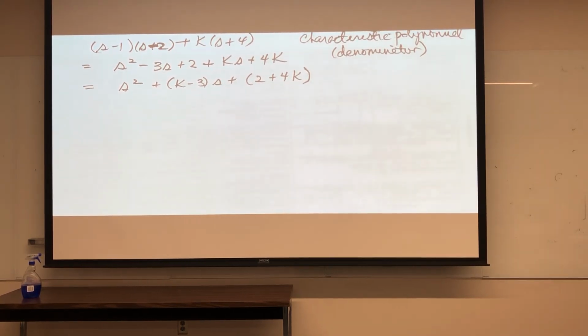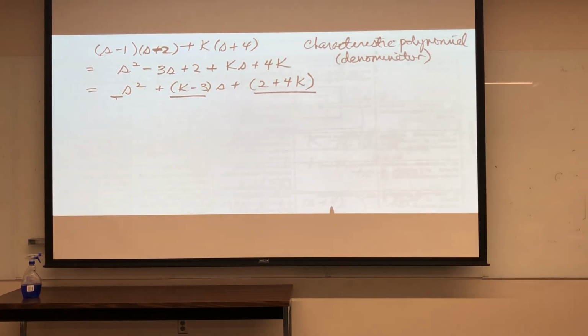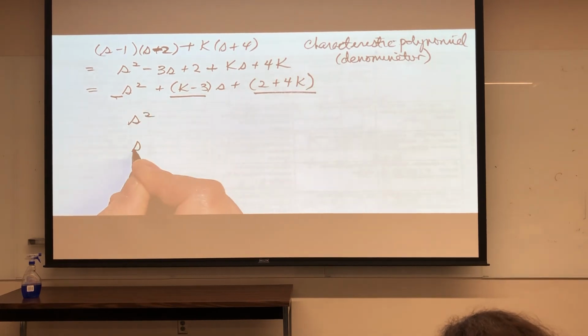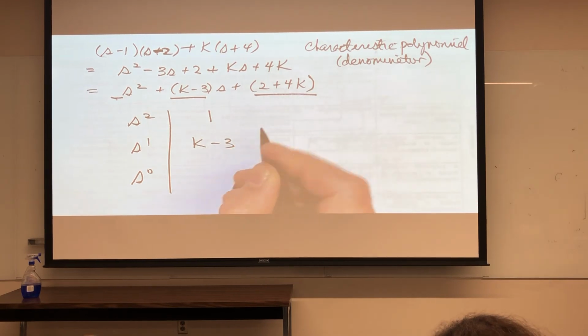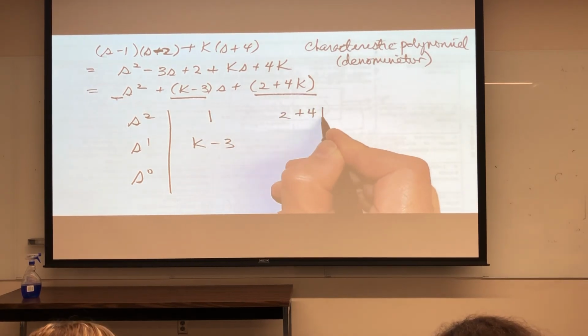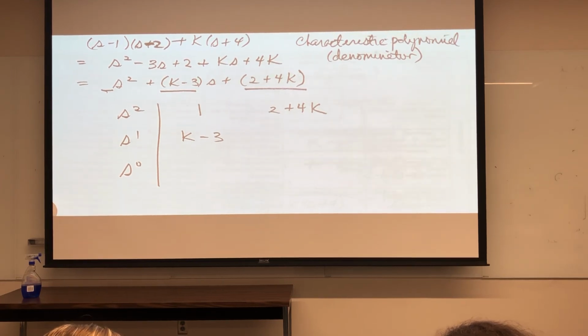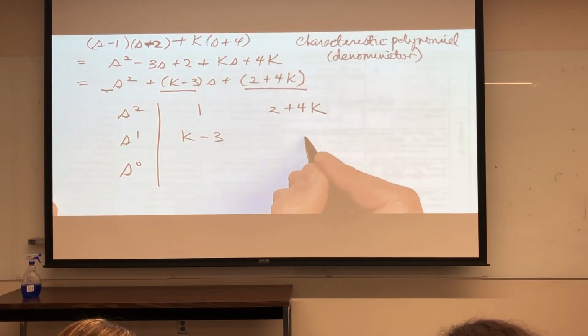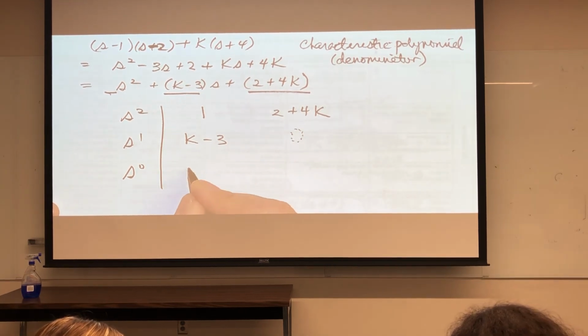All right, now let's do the Routh array. We have this coefficient and this coefficient. Let's do the Routh array: s squared, s to the 1, s to the 0. 1, K minus 3, 2 plus 4K. This is a 0. This is b0.